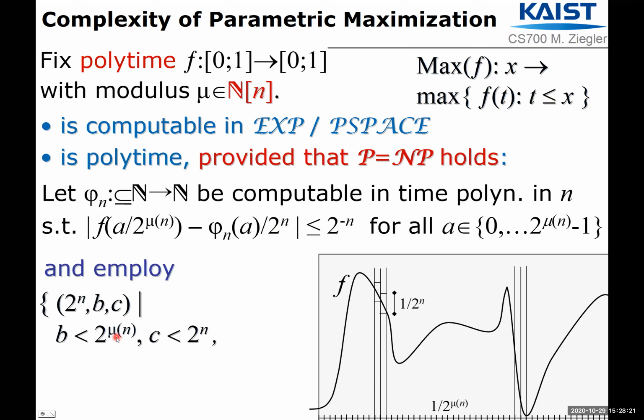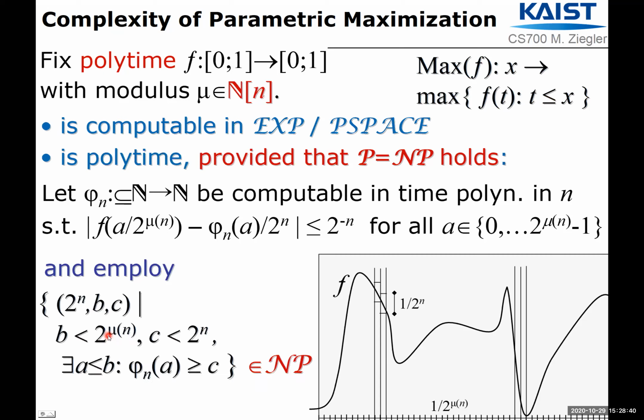And the largest numerator of the argument, a divided by 2 to the mu of n, is supposed to be in the unit interval. Therefore b is at most 2 to the mu of n, that's our bound.